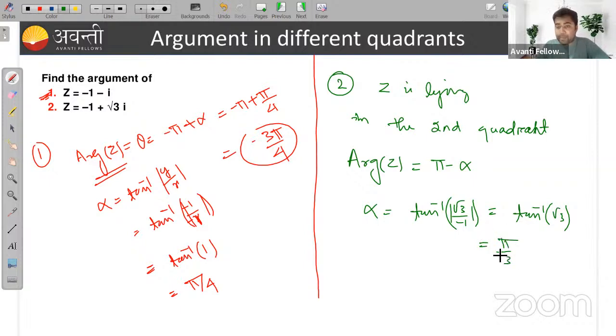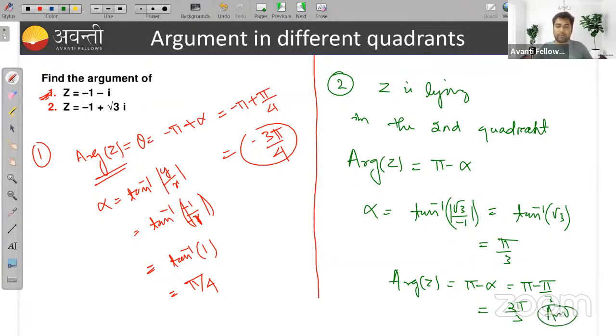If alpha is pi by 3, then the argument of the complex number z is pi minus alpha, so pi minus pi by 3, which is equal to 2 pi by 3. So the argument of the second complex number is 2 pi by 3. This is your answer. Clear? Got it?